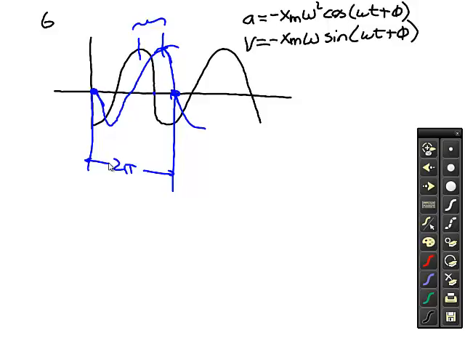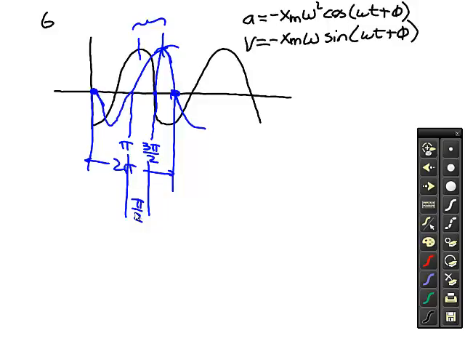So it's like this guy is occurring at pi, and this guy is occurring at like 3 pi over 2. So the difference between them is pi over 2. The answer is 90 degrees.